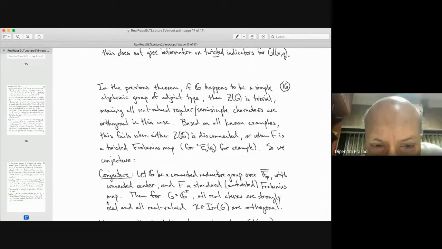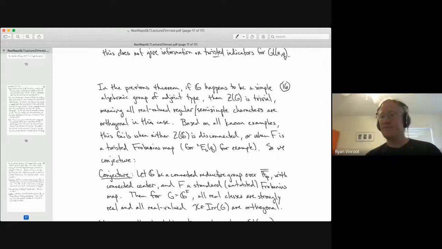Which group don't you know? E6 adjoint type. I don't know for E6. And those are the simple types.